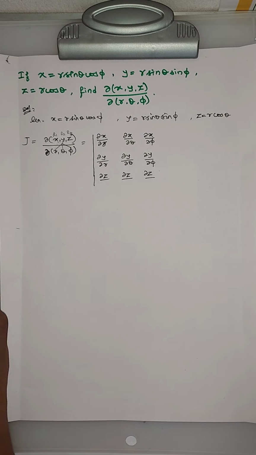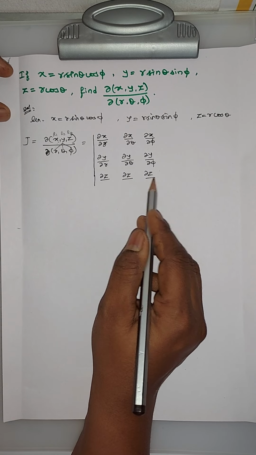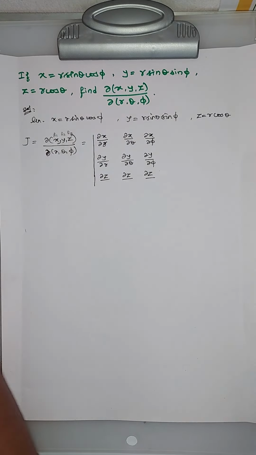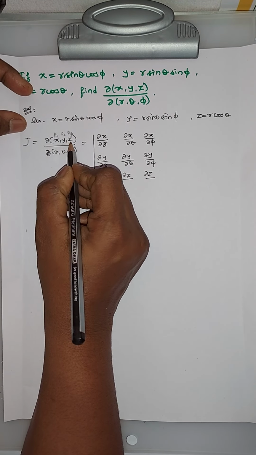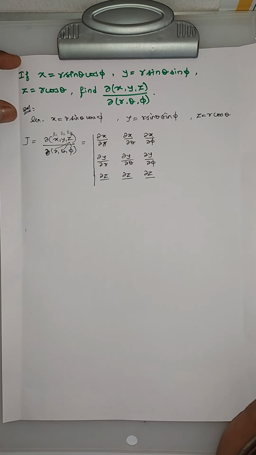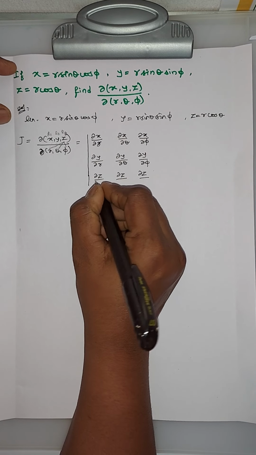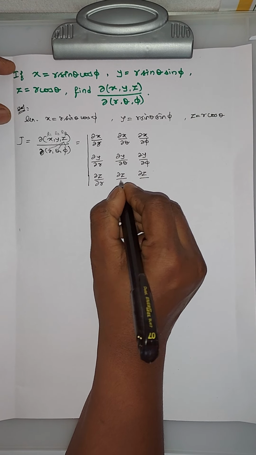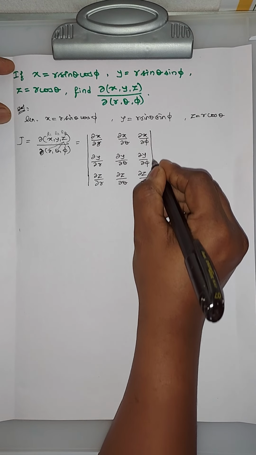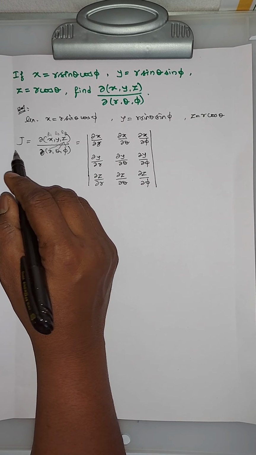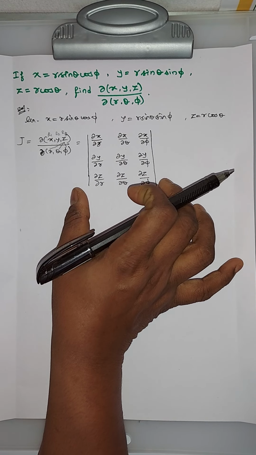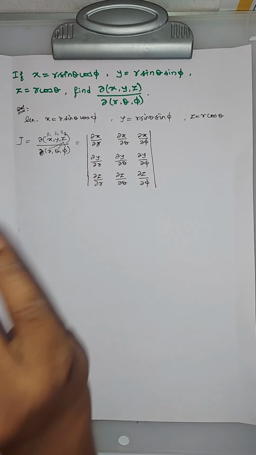Similarly, third row should be differentiating z partially with respect to r, theta and phi. So dou z by dou r, dou z by dou theta, dou z by dou phi. This is the exact expansion of the Jacobian of x, y, z with respect to r, theta and phi.